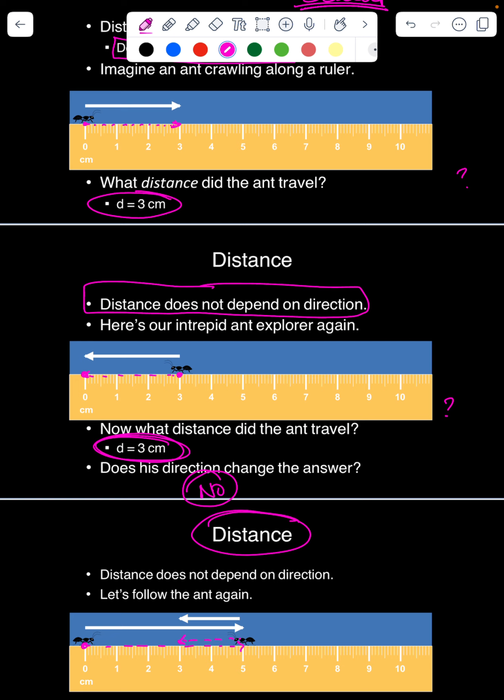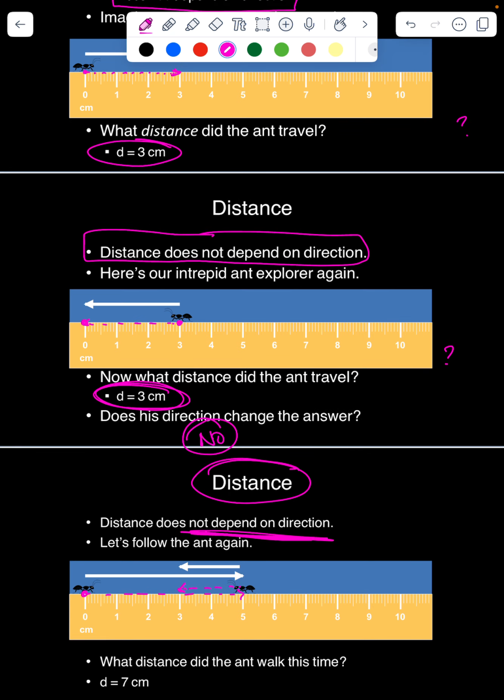So we would take the 5 centimeters that he traveled to the right and then add that to the 3 centimeters that he traveled to the left. It does not take into account the direction that he went. It just takes every single step that he made into account.